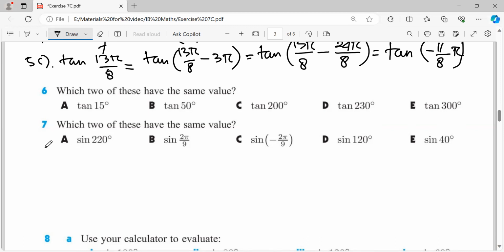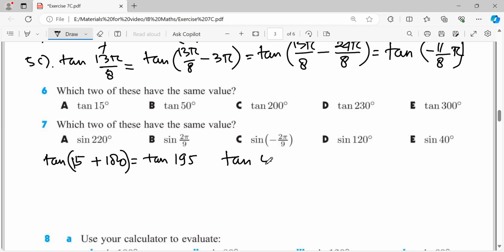Tangent, I think, yeah, tangent 50. Tangent 50 or tangent 15 plus 180 equals tangent 195. There is no tangent 195.